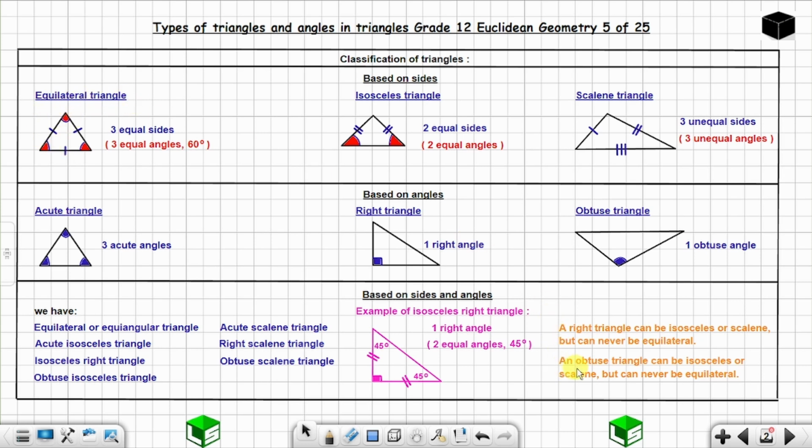And an obtuse triangle can be isosceles or scalene, but can never be equilateral. All angles, they are what? Acute. This is an acute angle. So not obtuse. If you don't know about the types of angles, I suggest you go watch part 2 of 25. Okay, let's move on to the next slide.